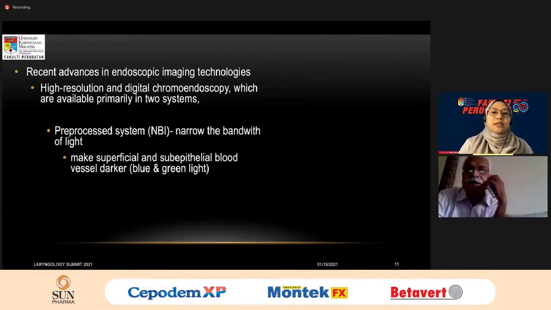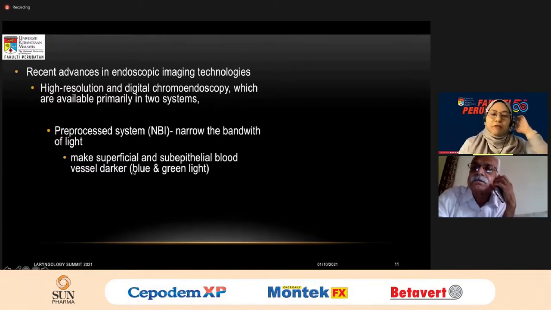This enhanced laryngeal imaging is a high resolution and digital chromoendoscopy, which is primarily available in 2 systems. The first is called the pre-process system, which is the principle in narrowband imaging, in which the white light wavelength is altered according to absorption of hemoglobin.